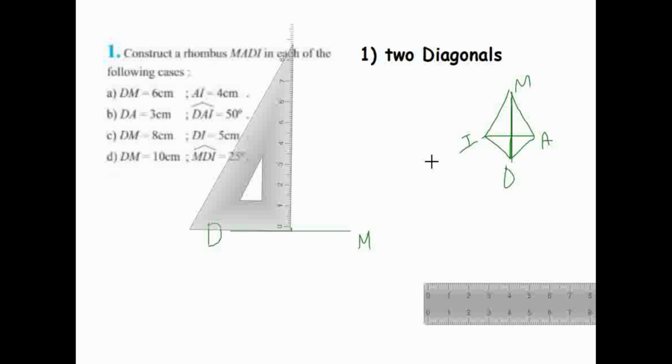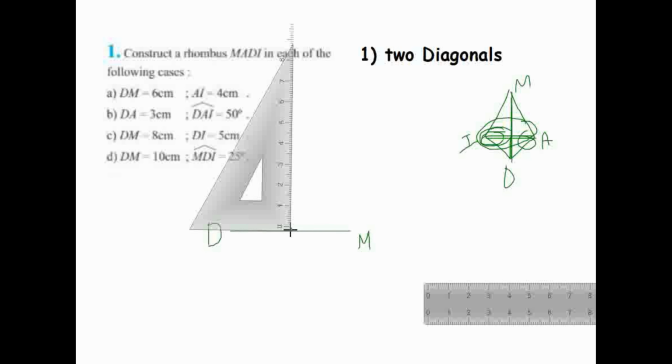AI is 4 centimeters, so all of it is 4 centimeters. From one side it's 2 centimeters, and from the other side it's 2 centimeters.